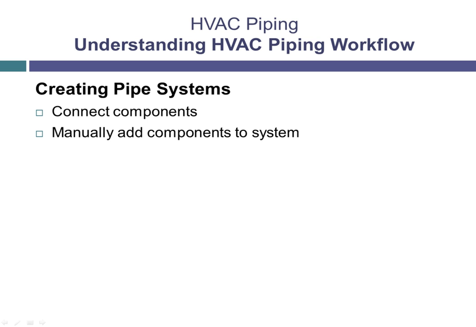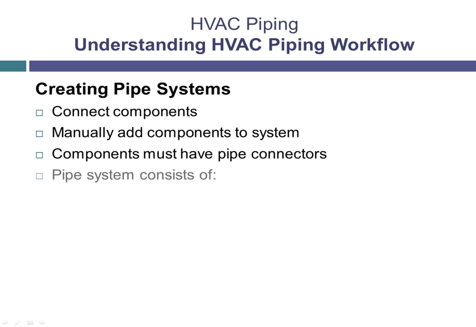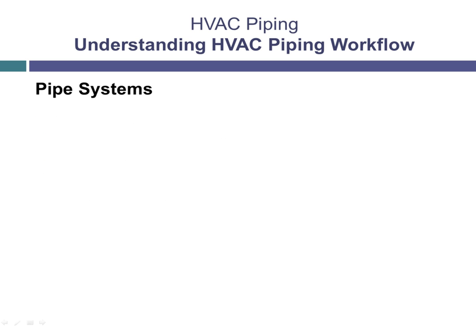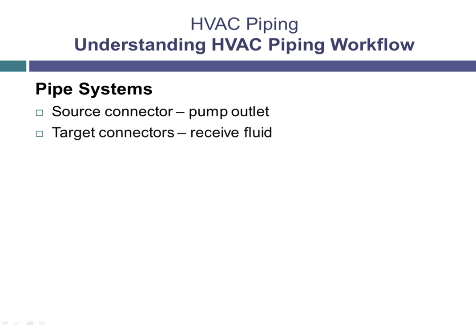In order for a component to be added to a system, the family must have a pipe connector. A piping system consists of one or several target connectors and one source connector. Typically, a source connector is on the mechanical equipment, such as a pump, while the target connectors are the various components receiving the fluid.